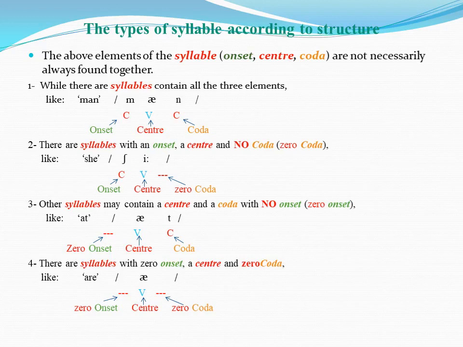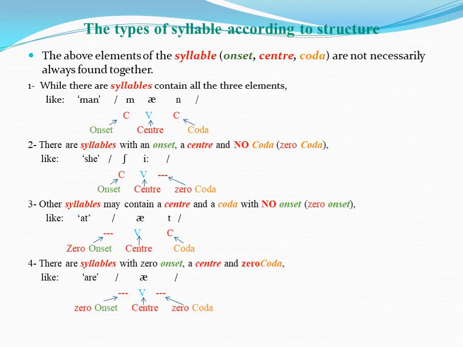The syllable consists of an onset, a center, and a coda. Like in the word man, the word can, cut, put, but. In all these words, we have the three elements: the onset, the center, and the coda.